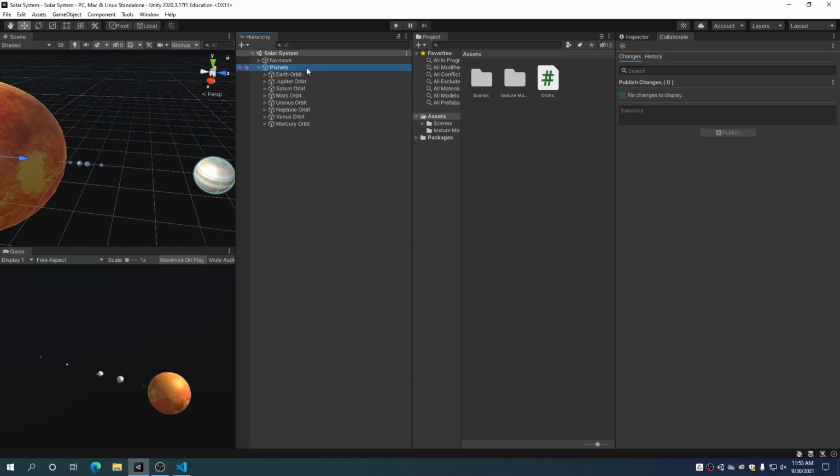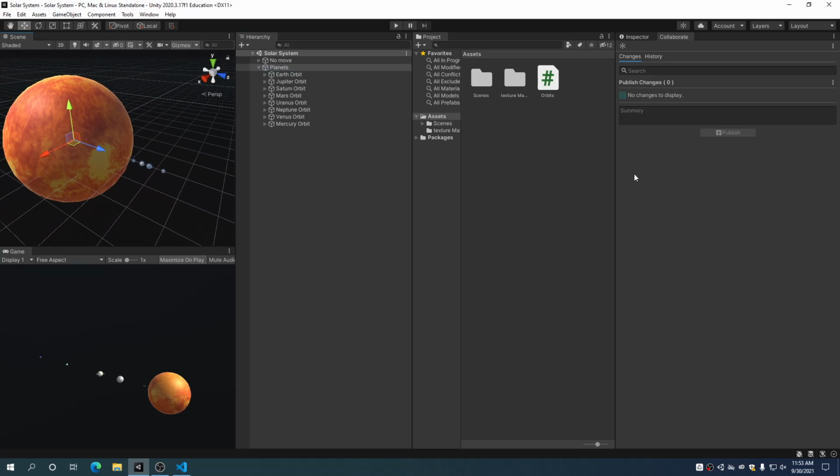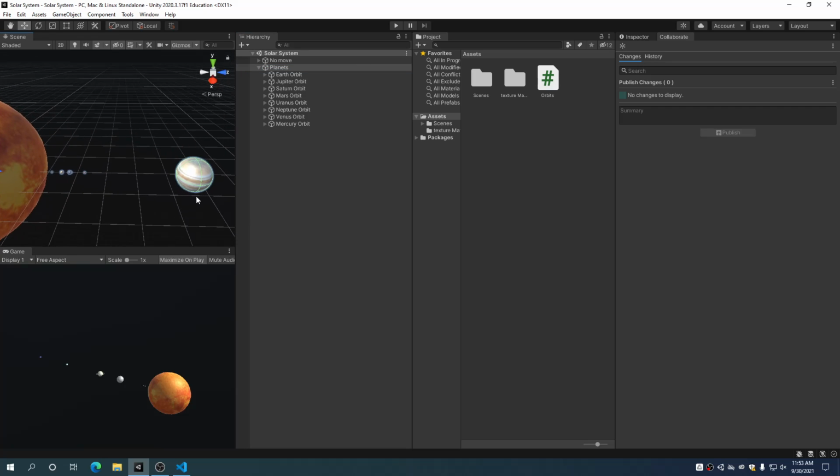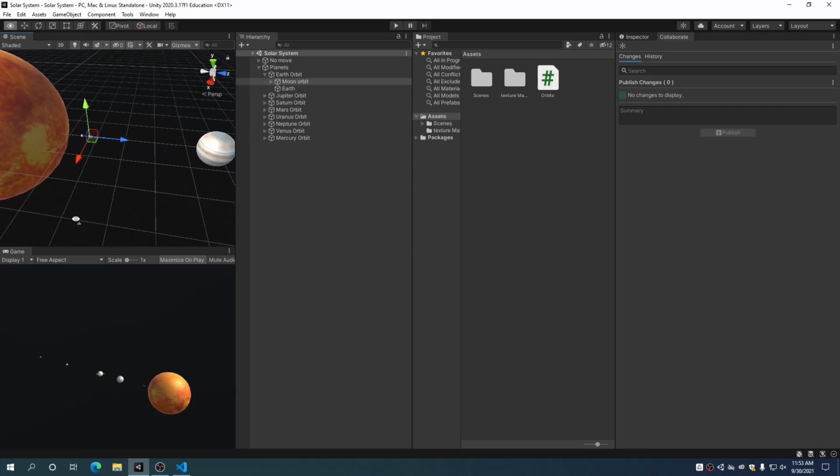I have orbit objects, and these orbit objects rotate around a central point in the sun. The central point is in the sun, and that means they don't rotate weirdly around it. They can have rotations.